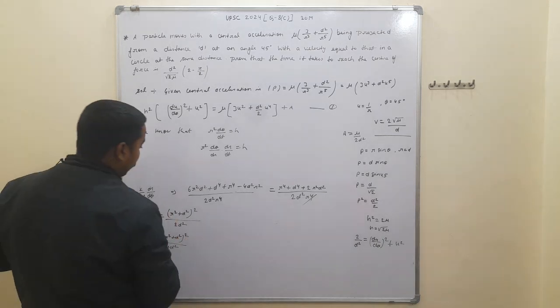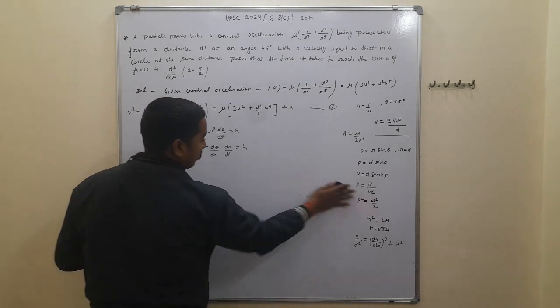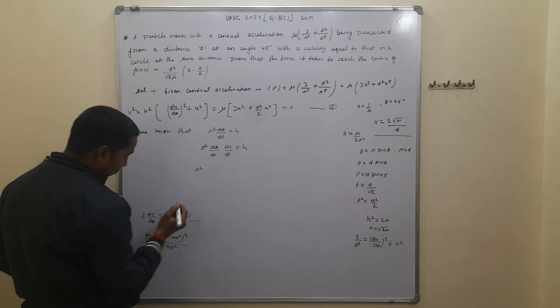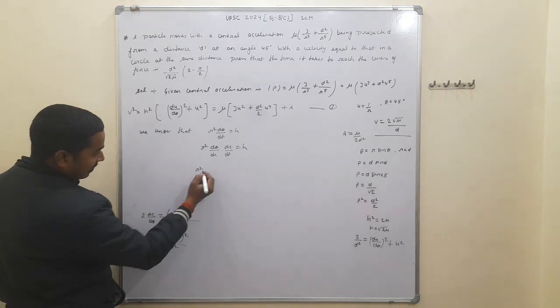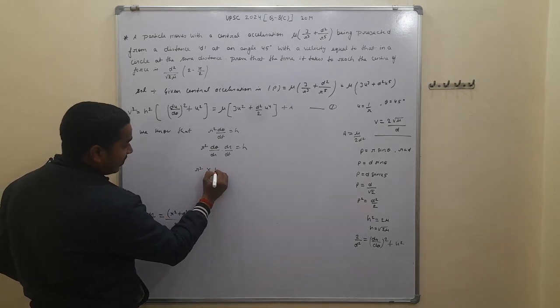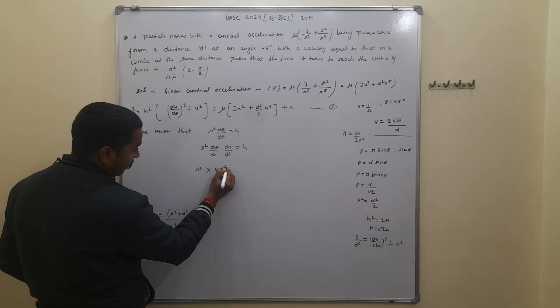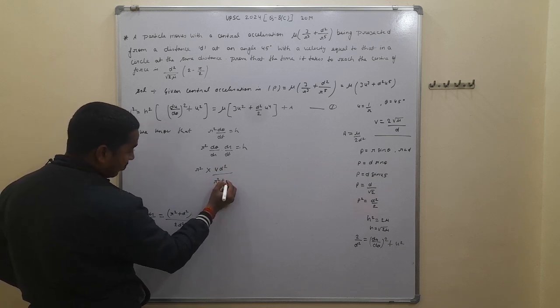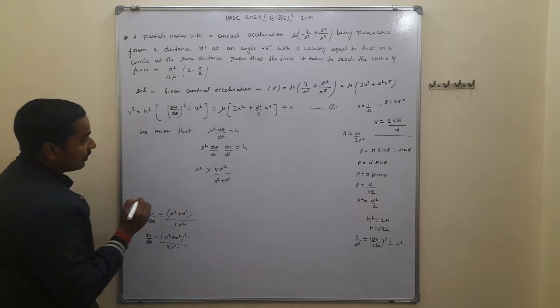So we have to put here, that is r square into, we have to put d theta upon dr, that is 4d square upon r square plus of d square.